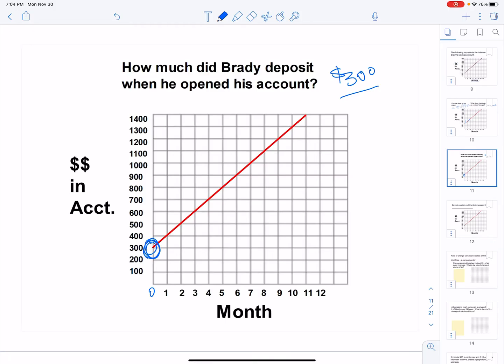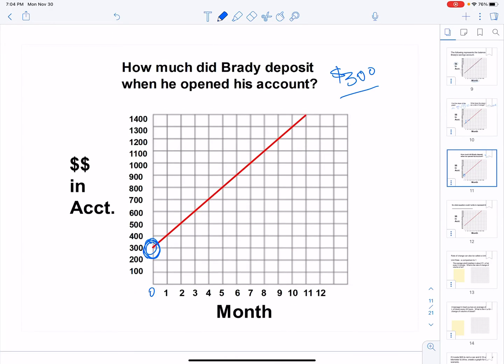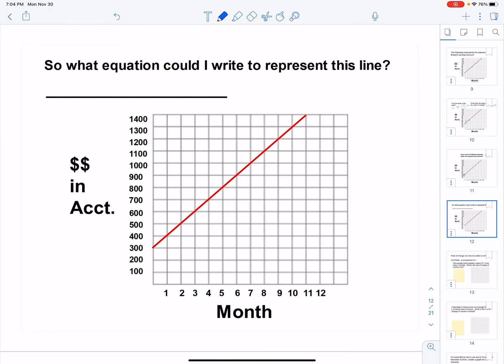And on the previous screen, we found out what the slope was, $100 per month. So with that in mind, what do you think the equation of the line would be that represents this particular scenario? Well, our equation is going to be y is equal to blank x plus blank, where the first blank is our slope. Now, what did we say our slope was?